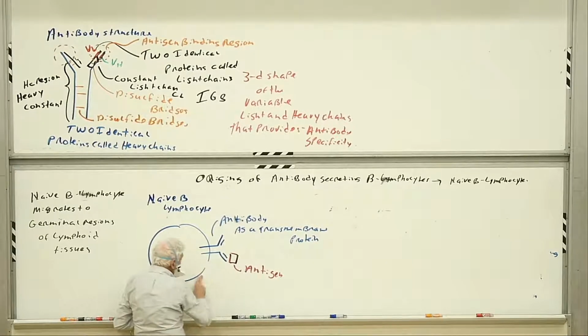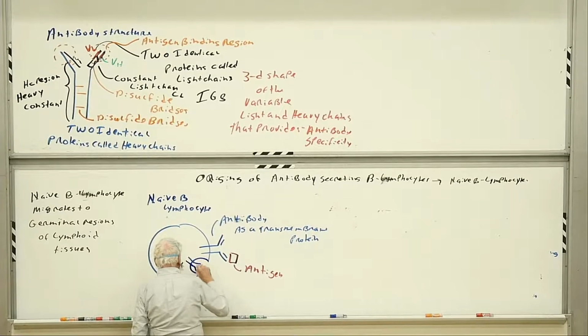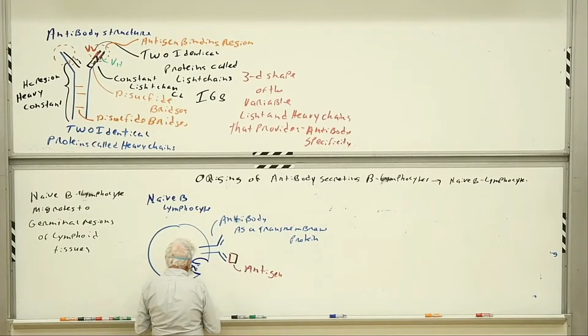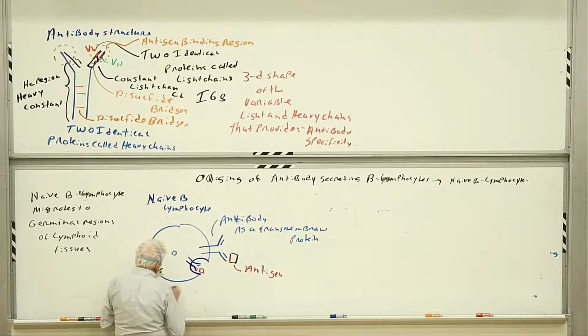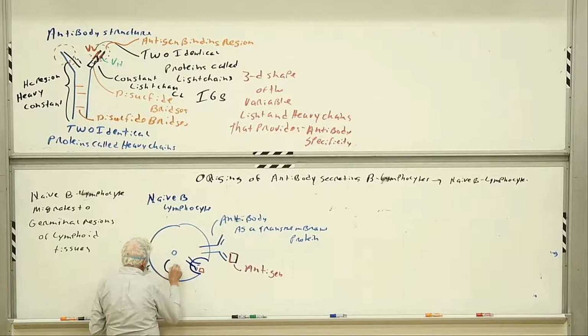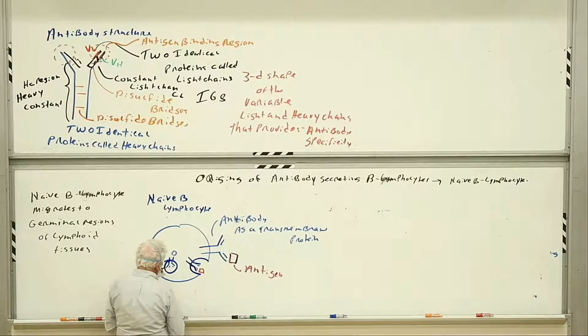So this cell starts to endocytose. It's hauling in the antibody with the antigen. Just as we saw before, it's going to package these antibody-antigen complexes in a vesicle.